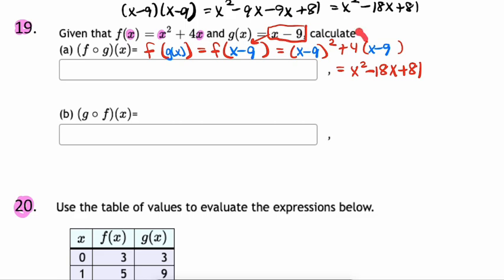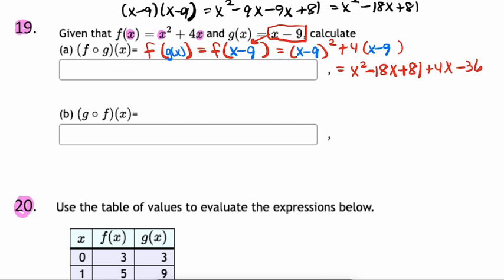Now this 4 is in front of the parenthesis, so that tells us to distribute that positive 4. And so we get plus 4x minus 36. And then our answer, we're just going to combine like terms.